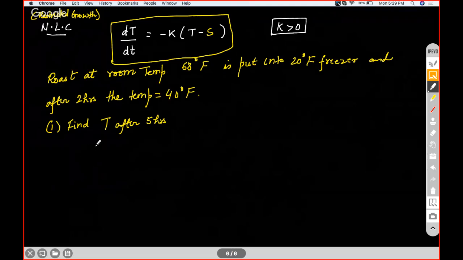What is the differential equation that you would write for this? So give me 2 minutes.